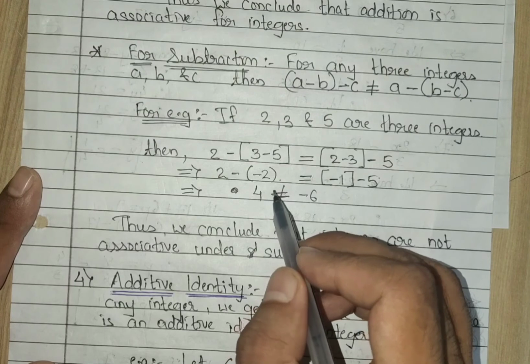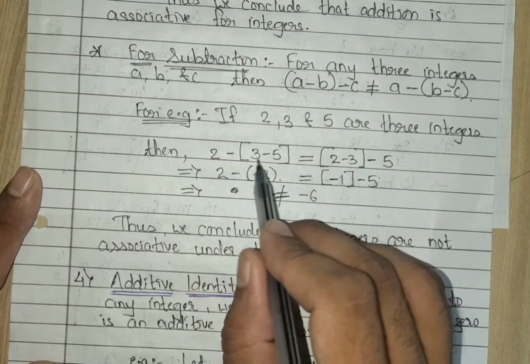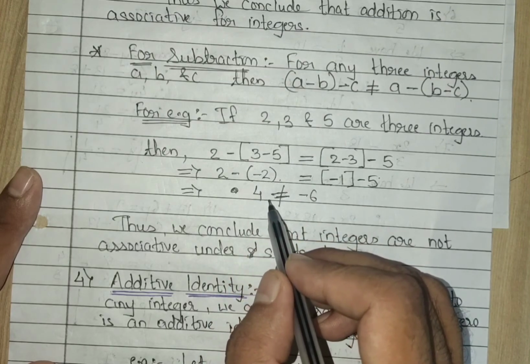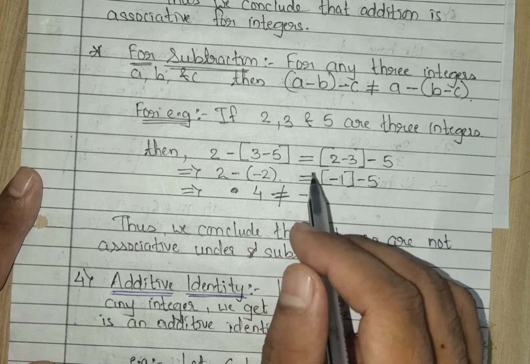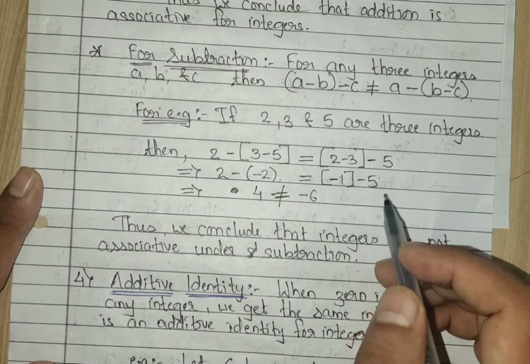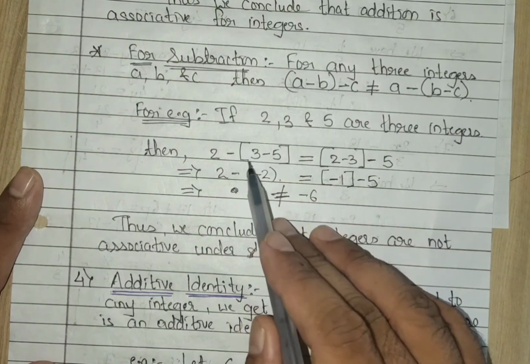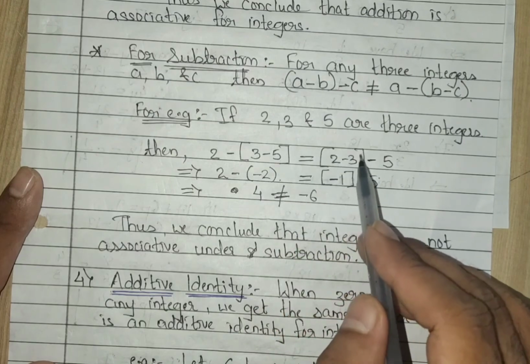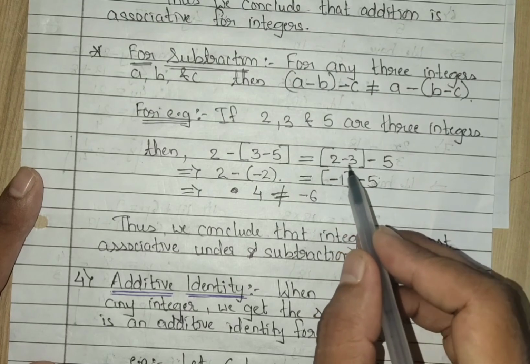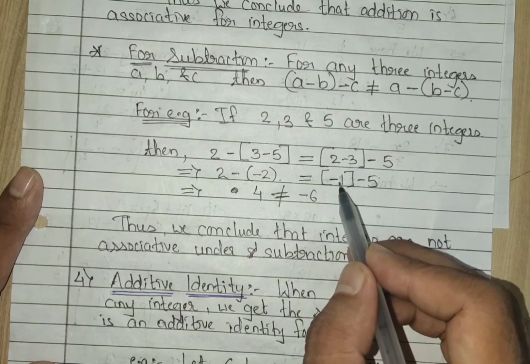Again, I am reminding you students, today I am not solving the answer because you know it very well. I am just showing you subtraction is not associative. That's why I have taken one example so that you can understand properly. Now let us see this side. Now this side we are grouping A and B and see the result. On grouping A and B and subtracting them, we get answer 2 minus 3 is minus 1.